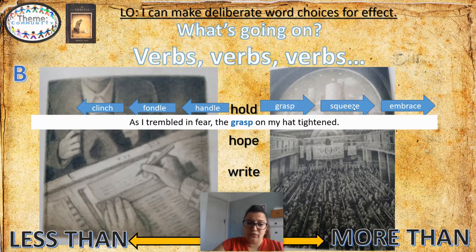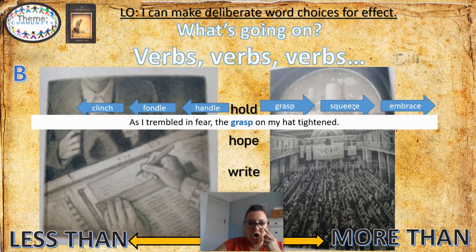Now, if you chose a different word, that's absolutely okay. Please don't feel that because it's not the word I chose, it's not the correct word. You're the author, remember? You choose what you want your reader to experience.